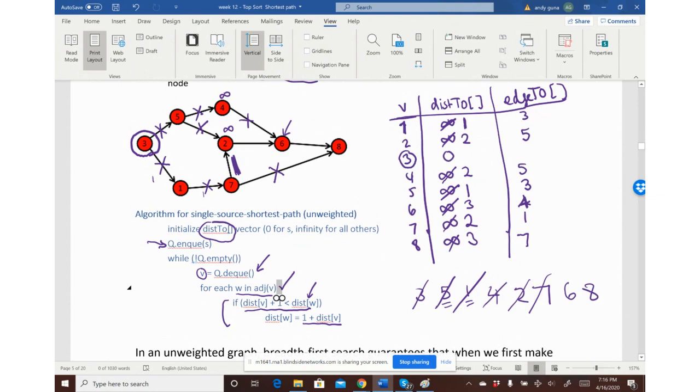But remember, that's not the case if there were weights associated with these edges. For example, maybe this was 2, this was 3, and this was 1, this was 1, this was 1. In that case the original one would be 5, but we have a better path, 1 plus 1 plus 1 to 2.